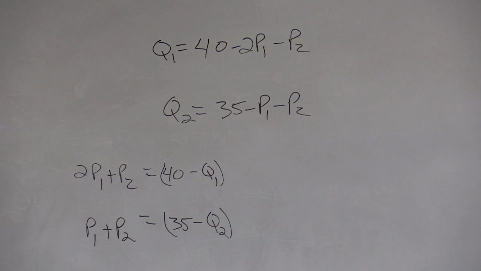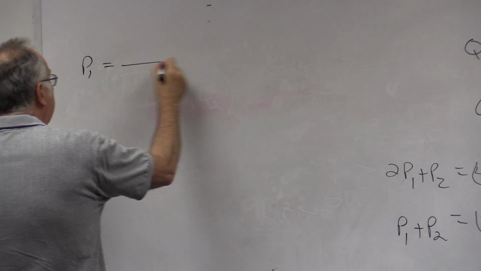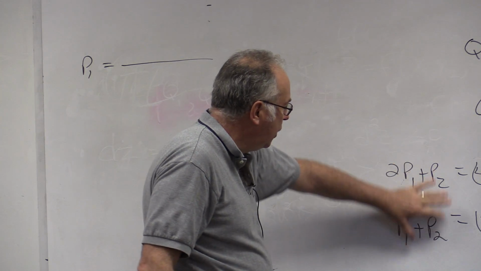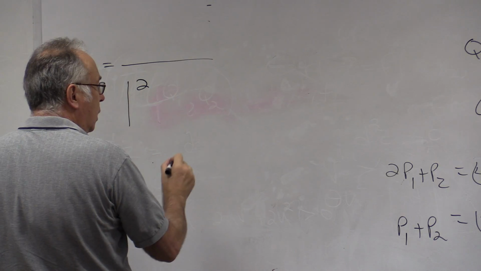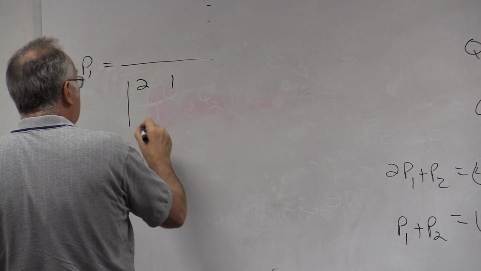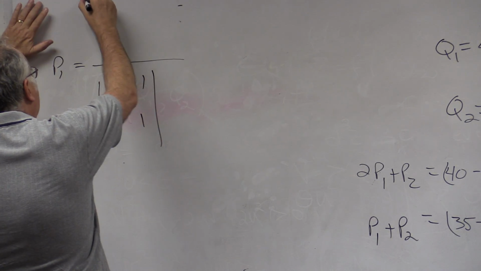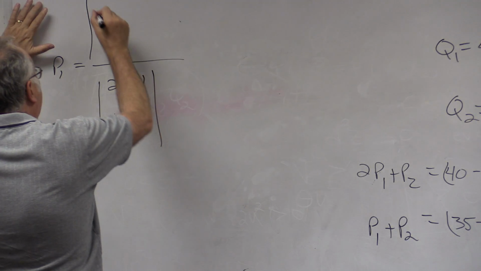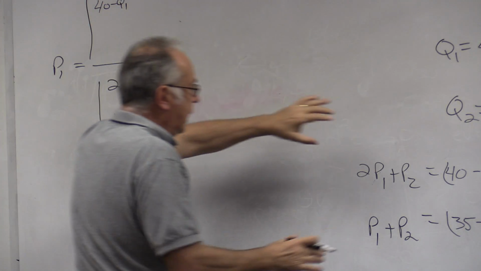Solve for P1. It would be as follows. P1 equals the ratio of these two determinants. So the determinant of the coefficient matrix is just this: 2, 1, 1, 1. And up here, for that first column, you substitute in 40 minus Q1. See, this is just like a number.